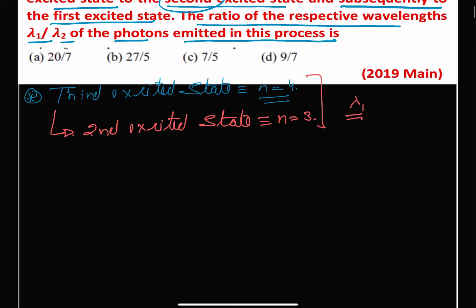and for the next it starts from the second excited state which gives us the value of n is equal to 3, and it jumps to first excited state.